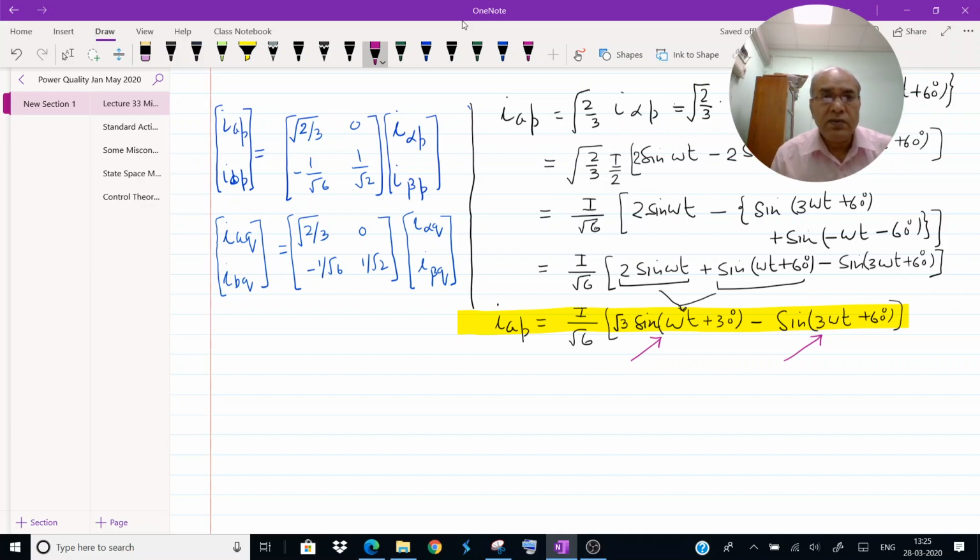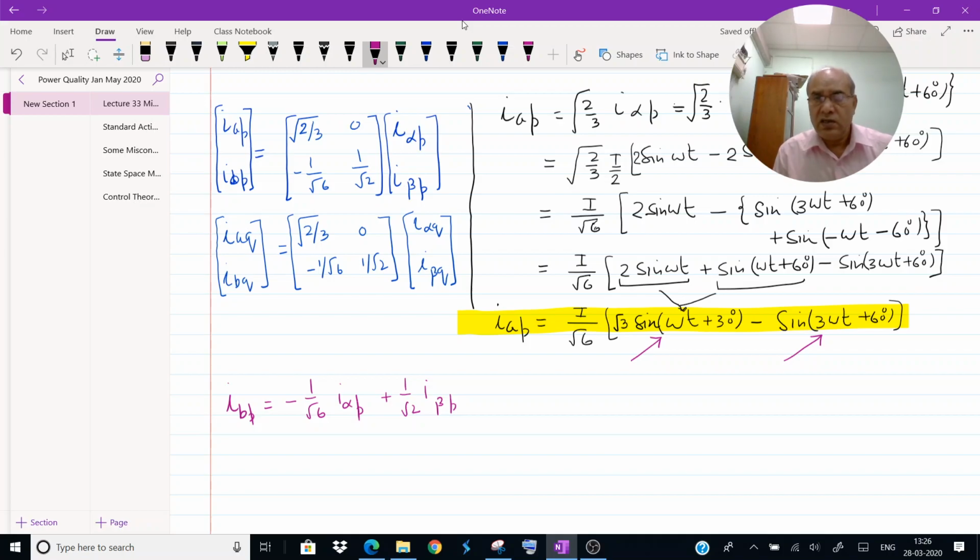Okay. Similarly, we can find out IBP, which is nothing but minus 1 by root 6 into I alpha p, and then plus 1 by root 2 into I beta p.